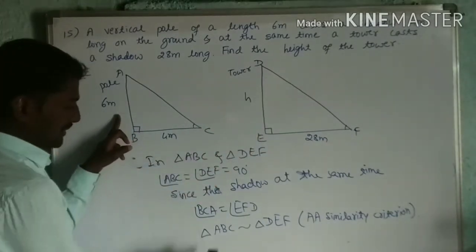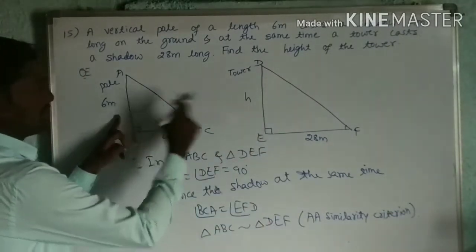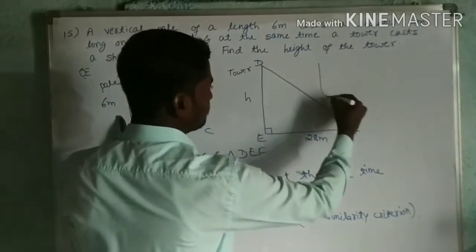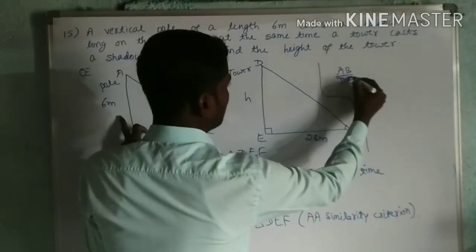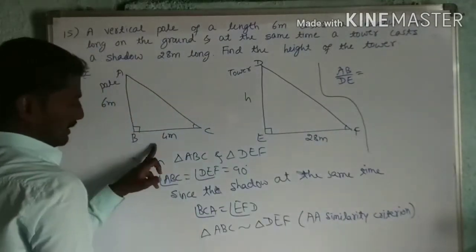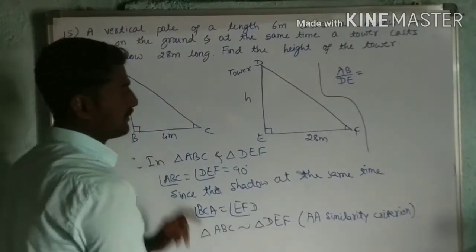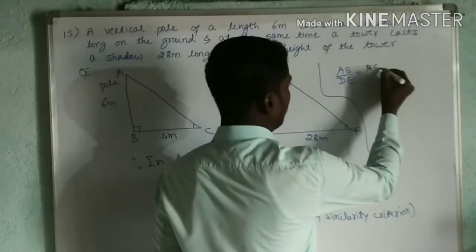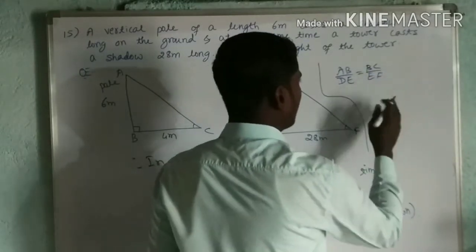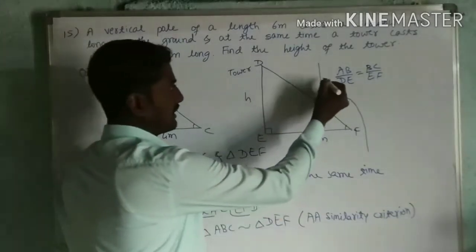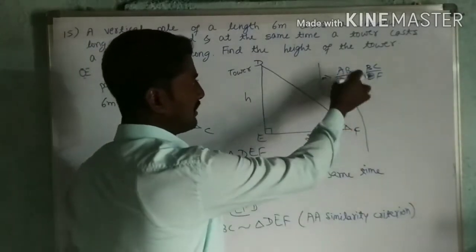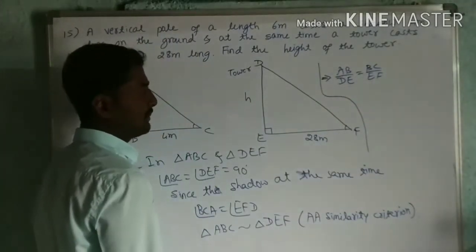So AB divided by DE is equal to BC divided by EF. This implies AB by DE is equal to BC divided by EF.